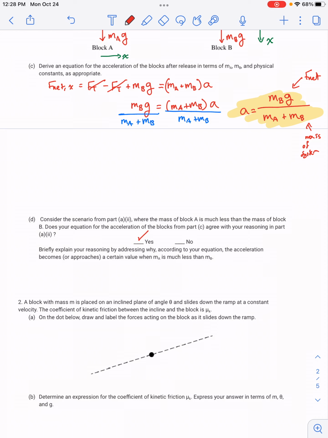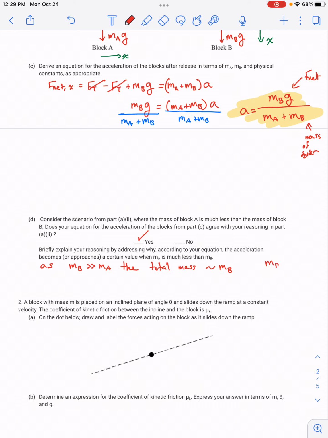Basically, as the mass of B becomes much greater than the mass of A, the total mass becomes approximately just the mass of B. mA is so small that it doesn't really change the mass of the system very much, so the total mass is just mB.